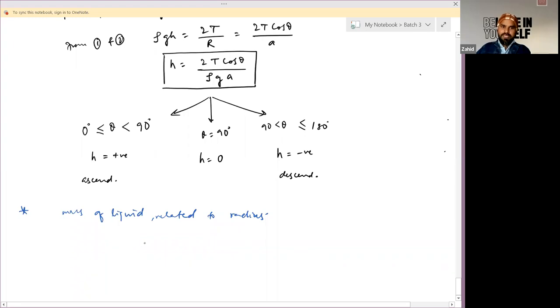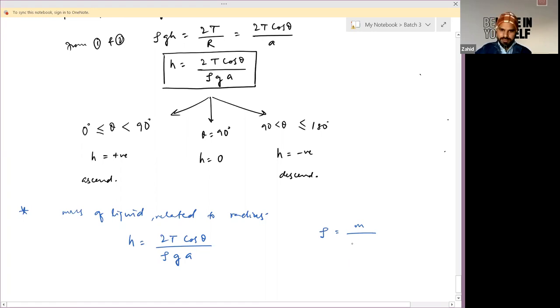As we have h equals 2 times T cos theta divided by rho GA, we can write density equals mass by volume.